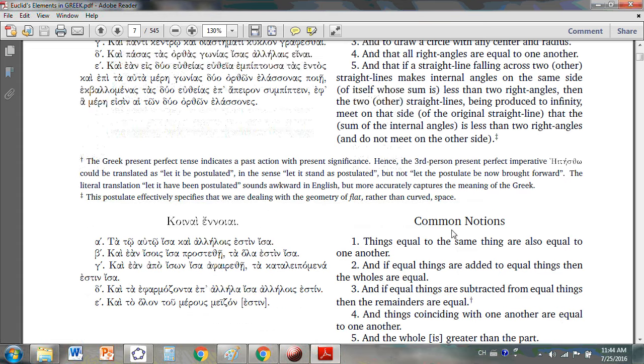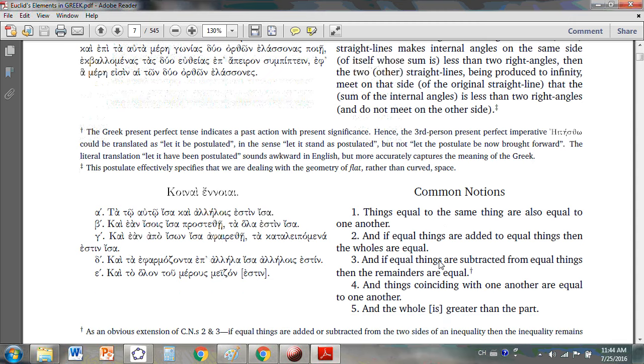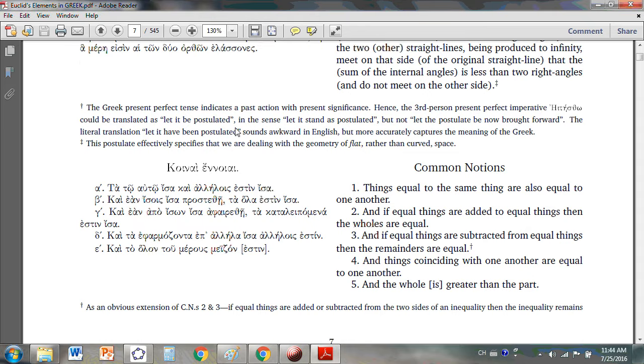That translation isn't too bad, but these here are sometimes also referred to as the axioms, also by ignoramuses. They're not axioms at all. Things that are equal to the same things are equal to one another. There's nothing to prove there. If I talk about the color red and think of something else that's red, it's also red because it's red. There's nothing to prove. Okay?